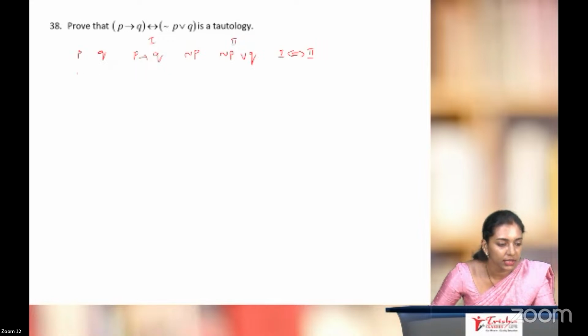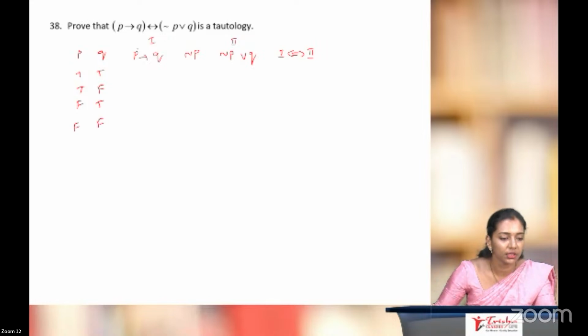Now let's take the combinations TT, TF, FT and FF. In implies, only when it is true and false it is false, and in the rest it is true.